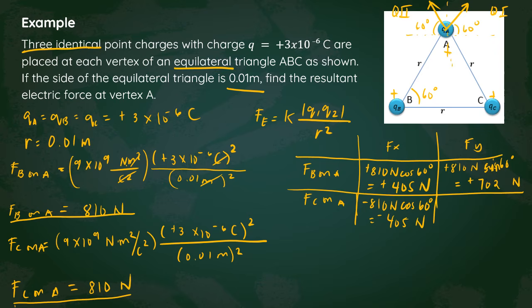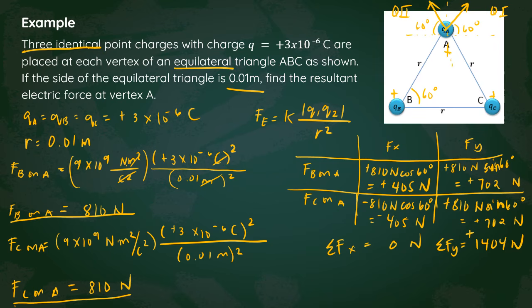And for the y component, that's in the positive y-axis, so that's positive 810 newtons sine 60 degrees, and that's positive 702 newtons. So if we solve for the sum of the forces on x, that's 0, positive 405 newtons plus negative 405, and the sum of the forces along y is 1,404 newtons positive.